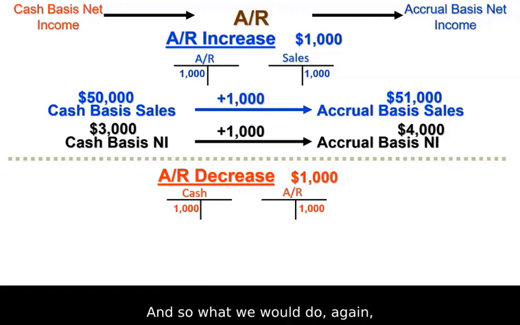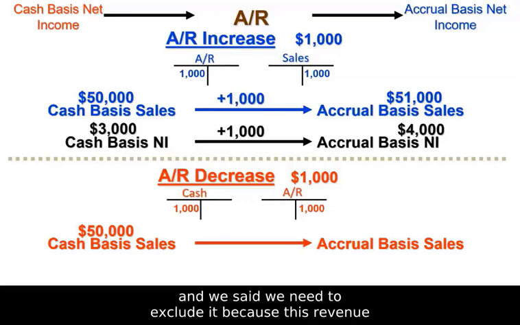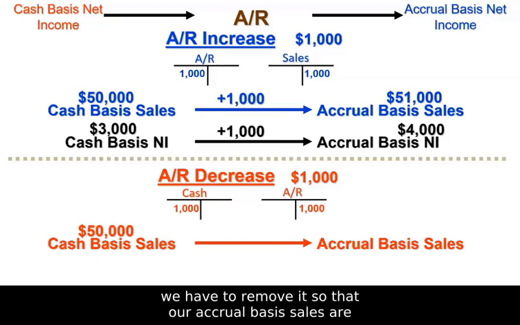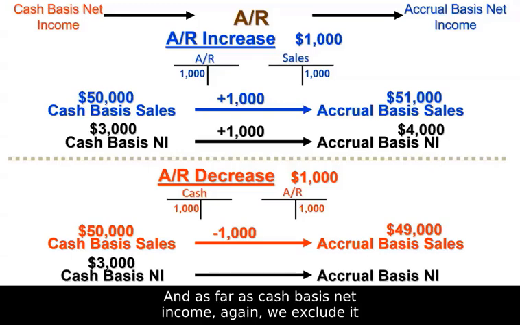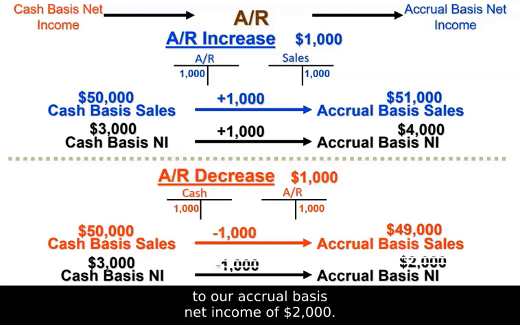And so what we would do, again, if we start with cash basis sales of $50,000, is exclude this revenue of $1,000 for cash basis, which is in the $50,000. We have to remove it so that our accrual basis sales are only $49,000. And as far as cash basis net income, again, we exclude it from that $3,000 to get to our accrual basis net income of $2,000.